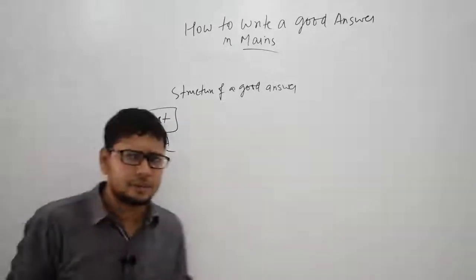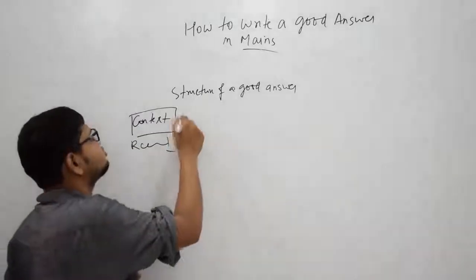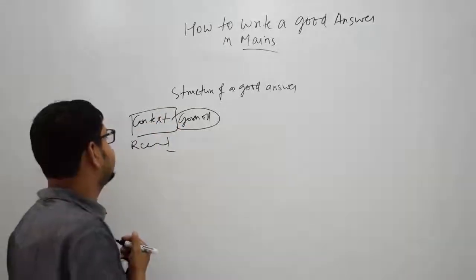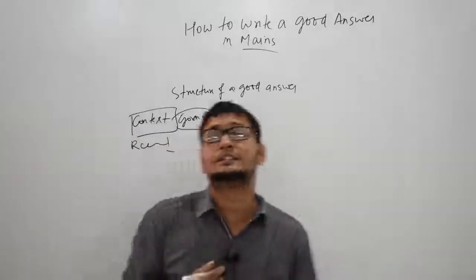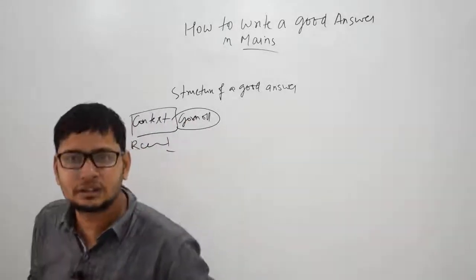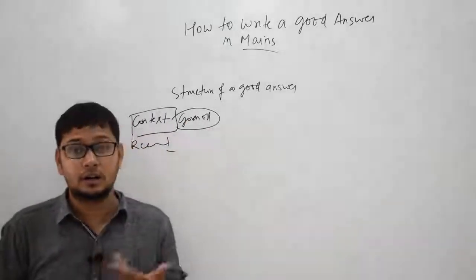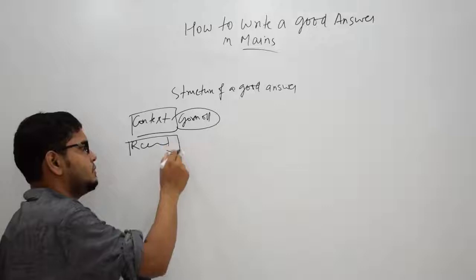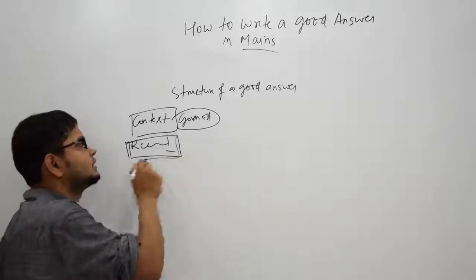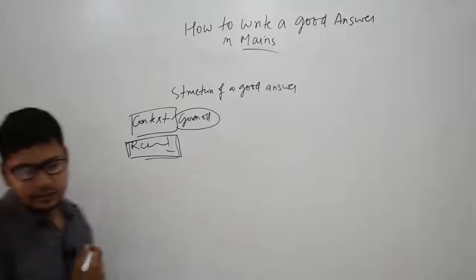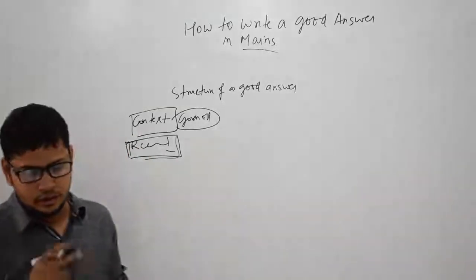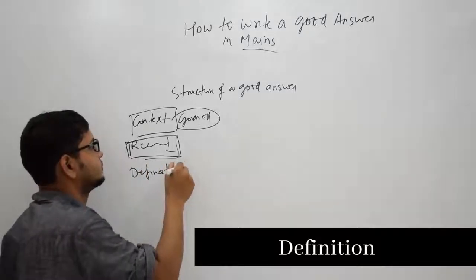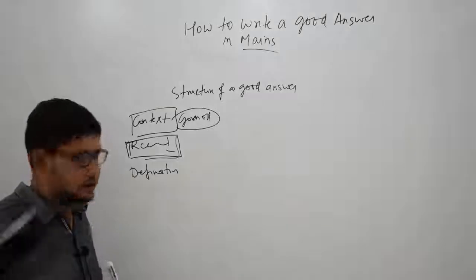Or if there's a question on whether the governor post should be scrapped, you can write the context that in recent times there have been a number of incidents where the governor has not played an impartial role, right? So you can always start with the context. This is one way you can start your introduction. The second way would be definition based. So let's write here.